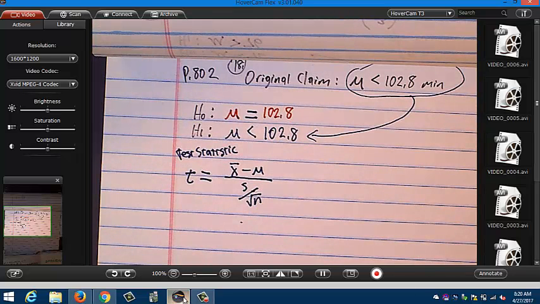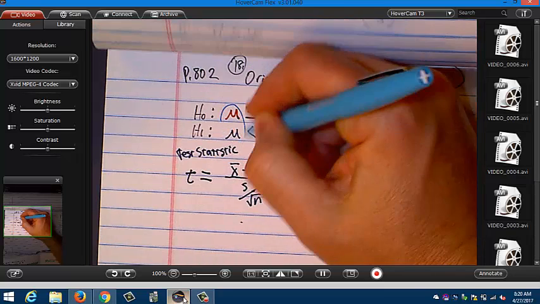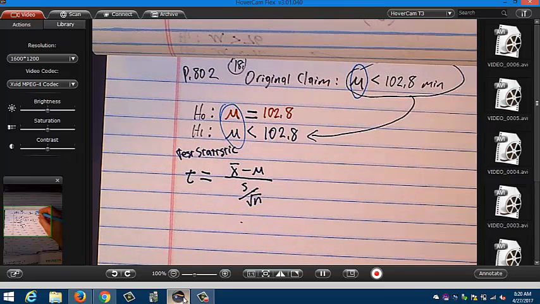But okay, so why did I pick t? Let's make sure everybody understands that. Every other problem we were using z. Why did we pick t? Because we're talking about means this time. What were we talking about on last night's homework? The proportions, the little p, right?